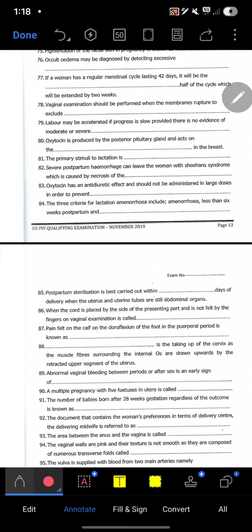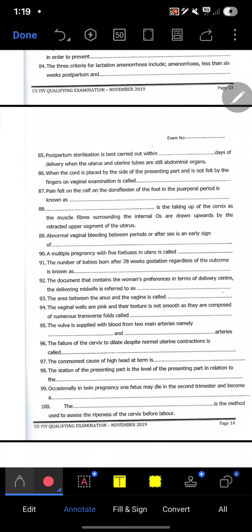The 3 criteria for lactation amenorrhea include amenorrhea, less than 6 weeks postpartum, and the correct answer is exclusive breastfeeding. 85. Postpartum sterilization is best carried out within days of delivery when the uterus and uterine tubes are still abdominal organs. The correct answer is 7 days.